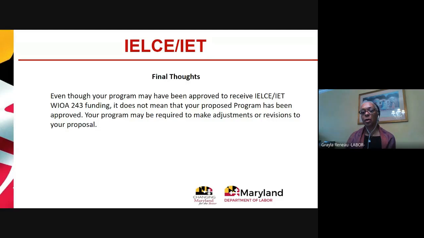And we may require you to make some adjustments or revisions to your proposal. Once again, we will be getting the IET planning document to you, so that will give you some assistance in really looking at your program, making sure that you have all of the required components and that you have all the pieces in place before you begin to run your programs.